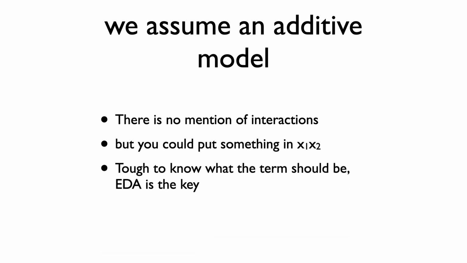It's tough to know, though, which ones should be put together. And you have to have a real feel for functions, a real feel for plotted data, before you would know what to put in as a term that was x1 and x2, or x1 times x2. Why is there x1 times x2 times x3?